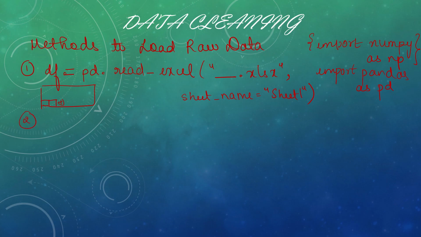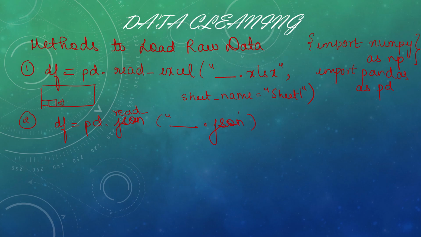Second is the JSON file. So df is equal to pd dot read underscore JSON, raw underscore data. Just wait a minute, this part I have to change. Any file name dot JSON.